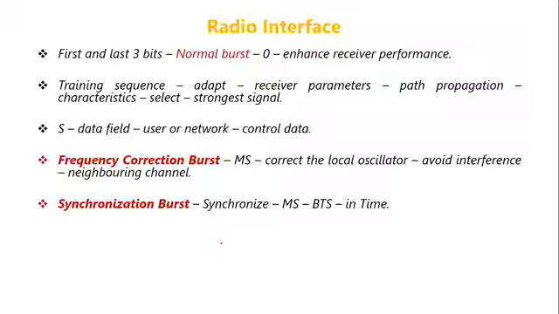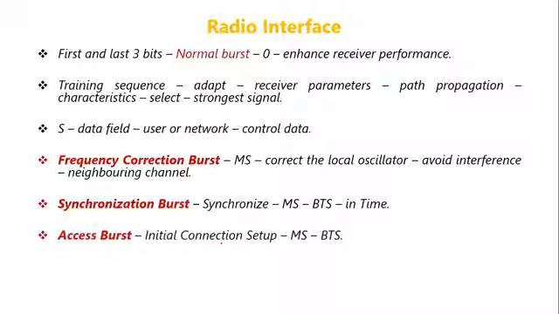Another burst is the synchronization burst. It provides an extended training sequence to synchronize the mobile station with the BTS, the base transceiver station. And also there is a dummy burst. It is used if no data is available for a slot.